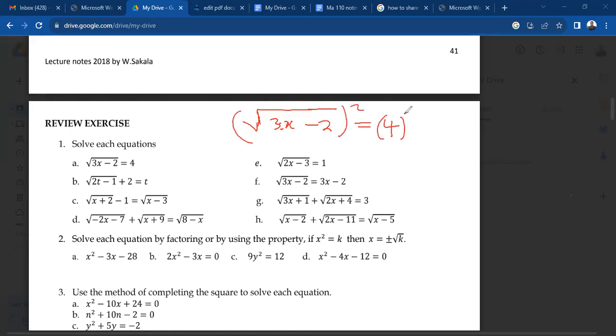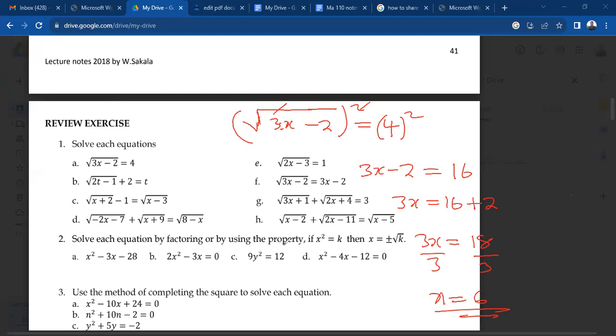So that and that cancel, then you remain with 3x minus 2 equals 4 squared, that is 16. Take the minus 2 to the other side, it will be plus 2. Then 3x is equal to 18. Then you divide by 3, and your x is equal to 6. That's how you solve that.